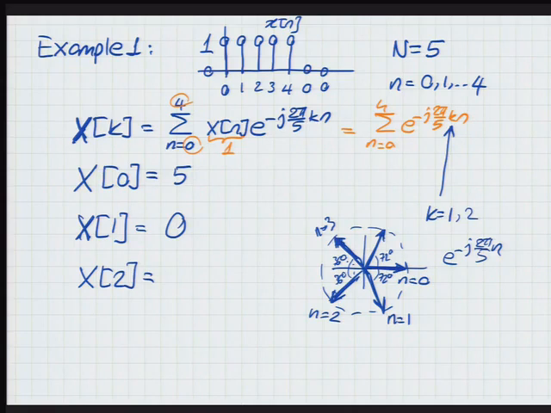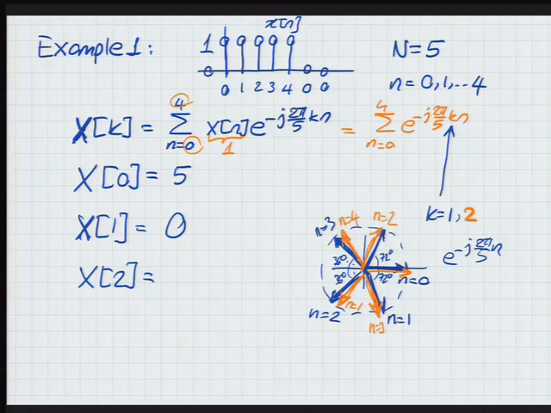So if I were looking at k equal to 2, 0 would still look this way, and 1 would be 144 degrees, and 2 would be this guy, and 3 would be back here, and 4 would be back here, right?